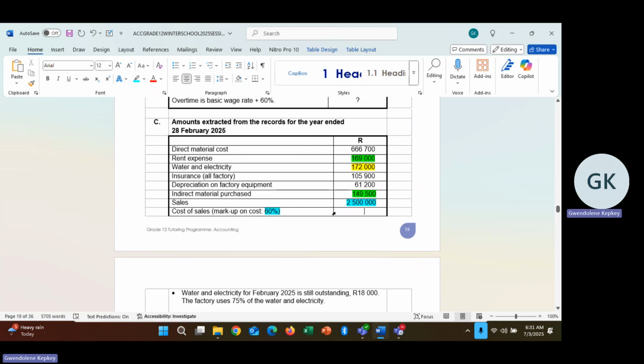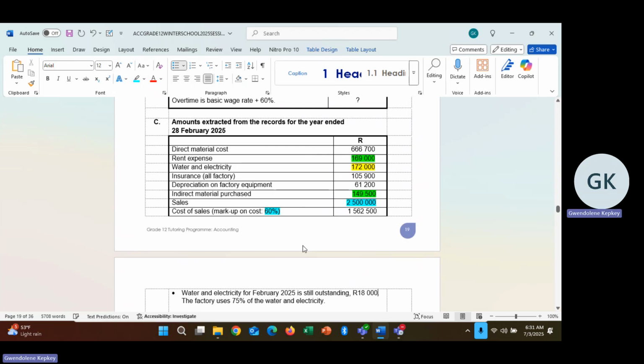I'll give you a minute to do so. 2,500 multiplied by, working out my cost of sales, you will know my 100 will be on top and my 160 at the bottom. If I do so, your cost of sales amount should be, I hope you're there, 1,562,500.